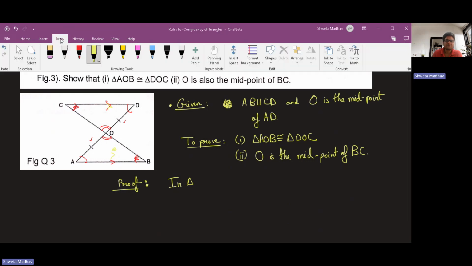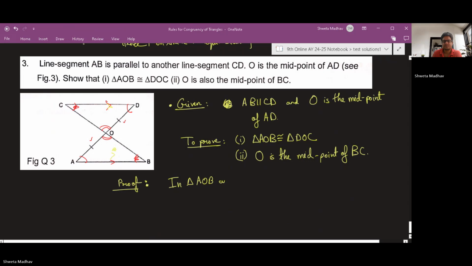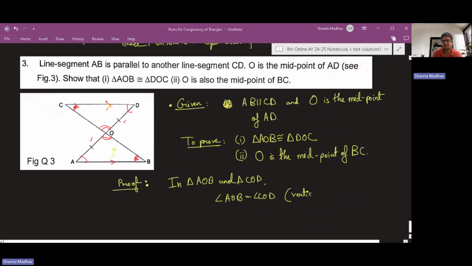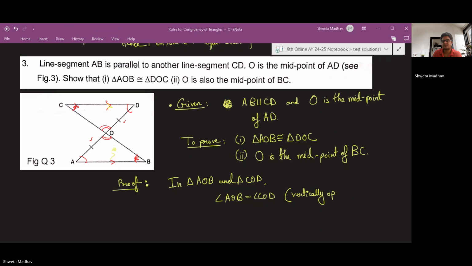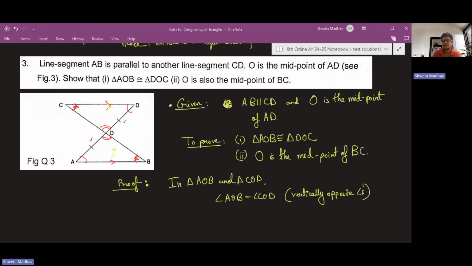So in triangle AOB and triangle COD, angle AOB is equal to angle COD, since they are vertically opposite angles.